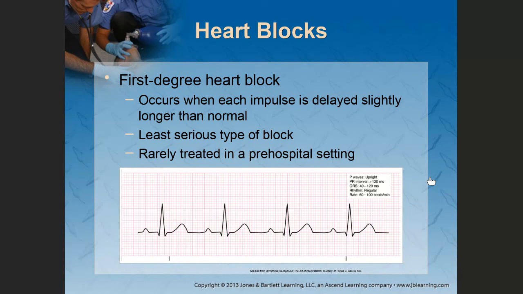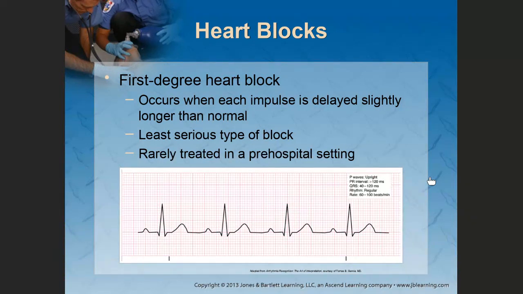Can you see a T wave, and is it consistent? All right, good. Is the QRS complex normal?